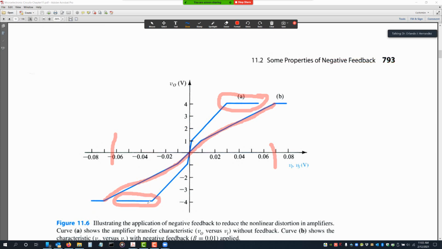Because this saturation is a nonlinear distortion. This is saying that you change your input, but your output doesn't change. That is a nonlinear behavior. Okay? So by expanding the dynamic range of the input, you reduce the nonlinear distortion.